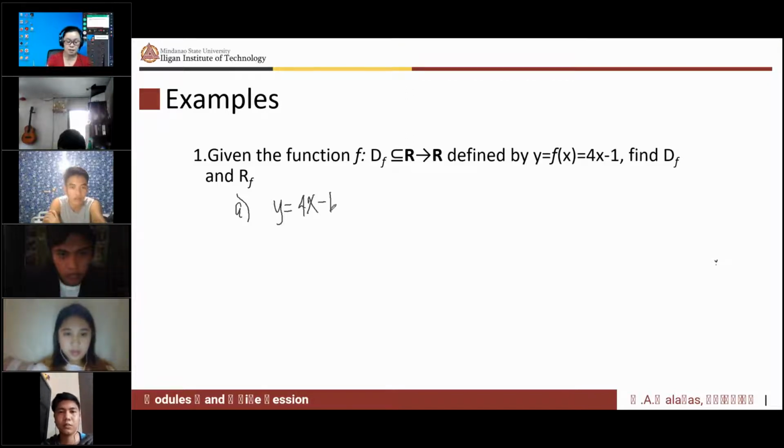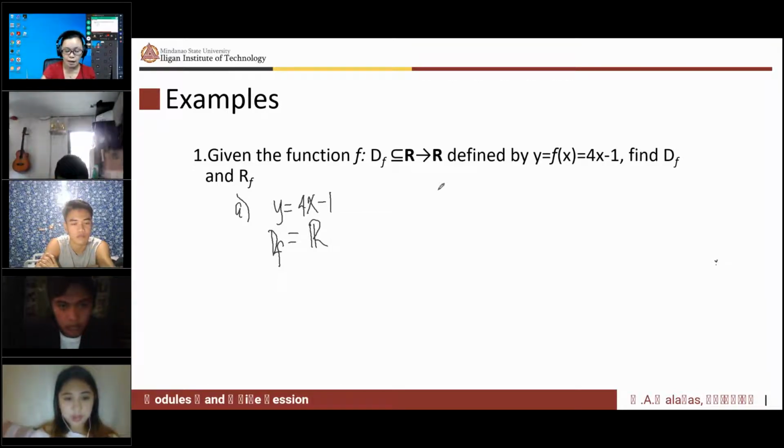We just look at the form of the equation. As you can see, this equation has meaning for all real numbers x. So there is no restriction. Our domain, the domain of f, is just the set of real numbers.